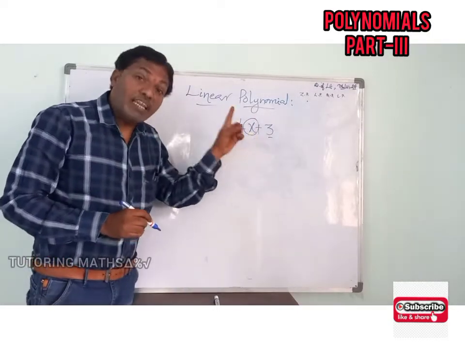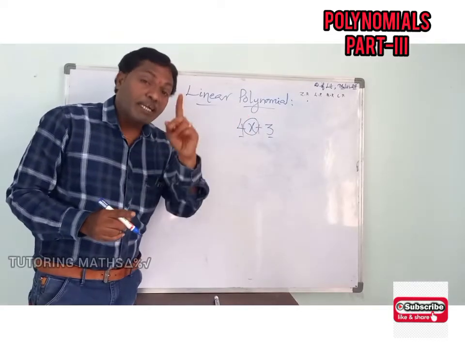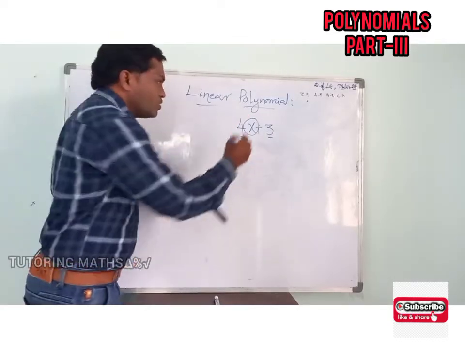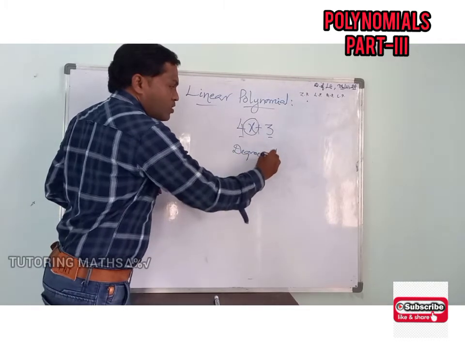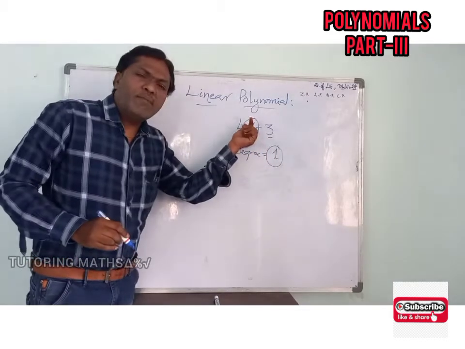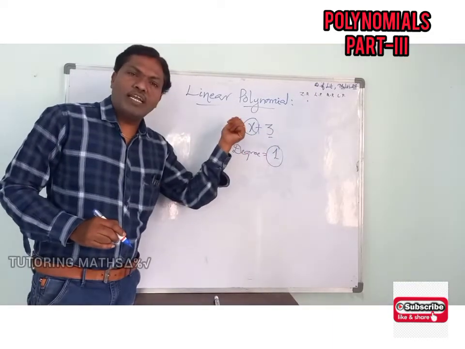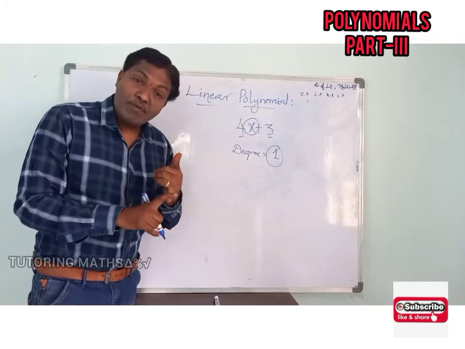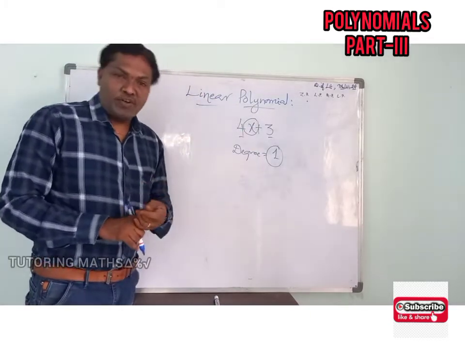What is the exponent of x? There is no written exponent, it means 1. So the degree is 1. Therefore, first degree polynomials are called linear polynomials.